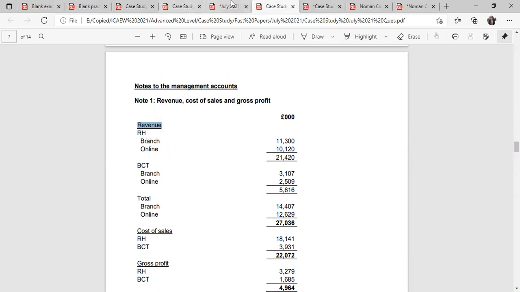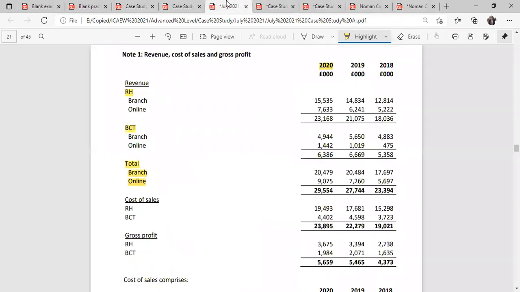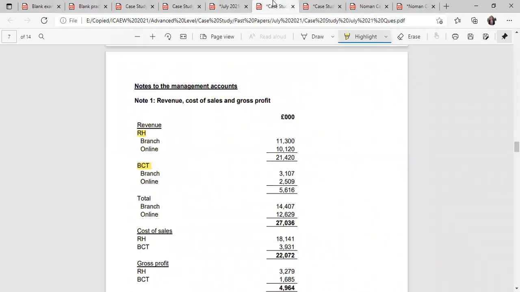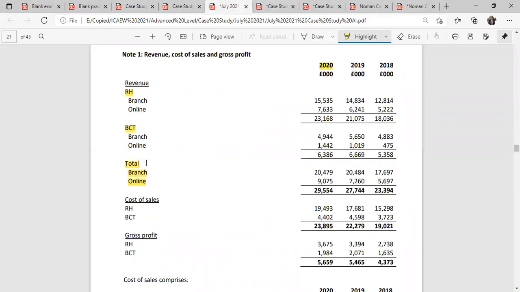You can see we have the same points, the same pattern as in the advanced information. In the same fashion, we have our exam paper. Again, it is total, branch, and online.